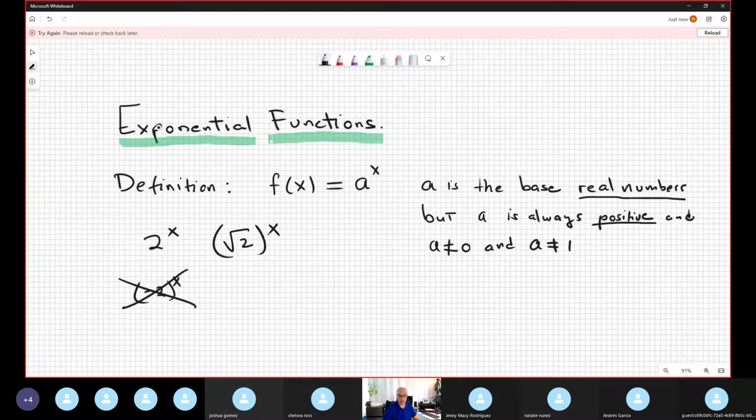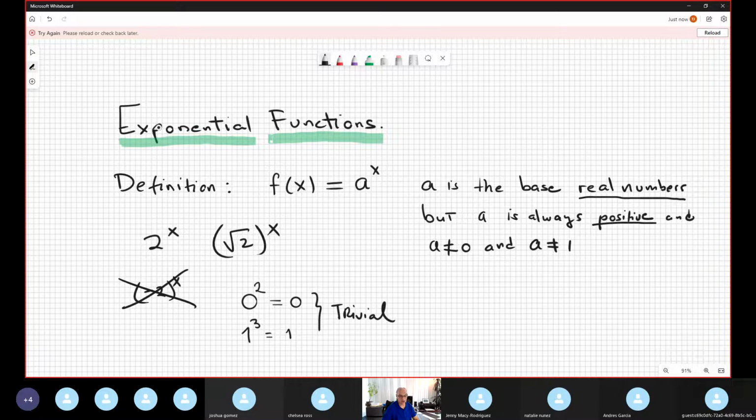And 1 and 0 are not illegal, but they are trivial examples, because 0 raised to any power is always 0, and 1 raised to any power is always 1. This is trivial. Trivial values, 0 and 1.